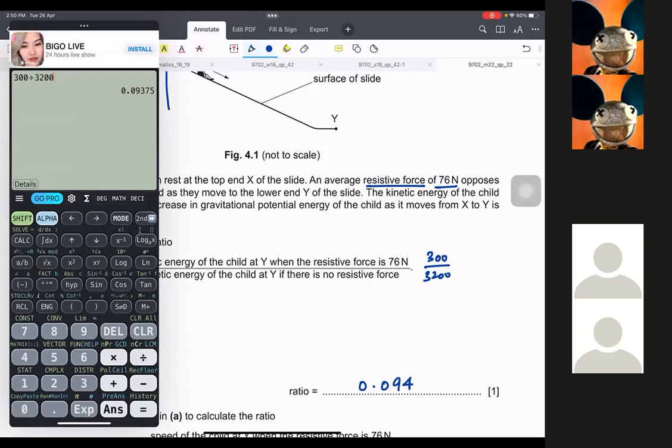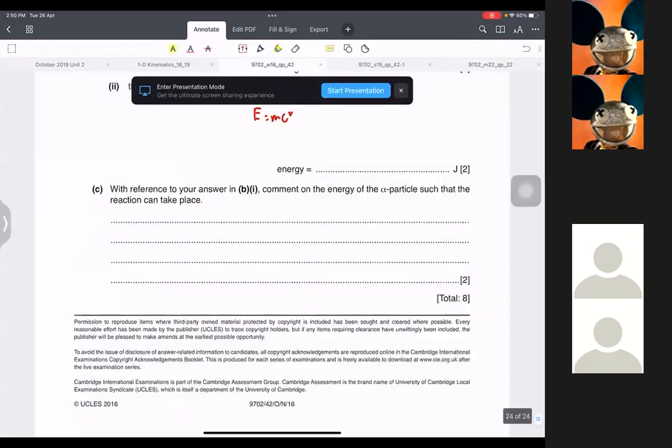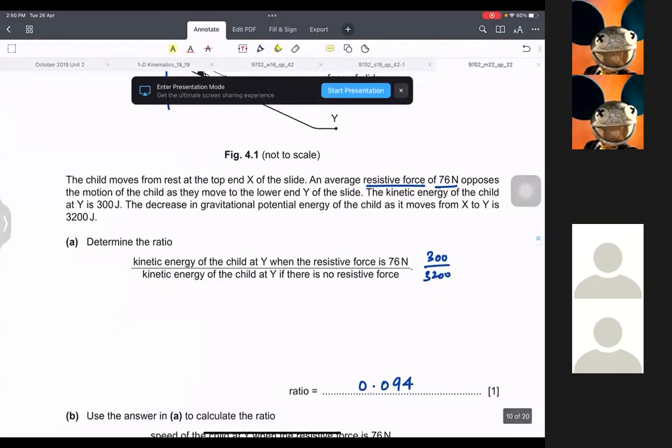All right. Sir, how is it 0.094? Because it says the kinetic energy of the child at Y when the resistive force is there, and then when there is no resistive force. If there is no resistive force, then all the gravitational potential energy would have converted to kinetic. That's how. Oh, I see. Okay.